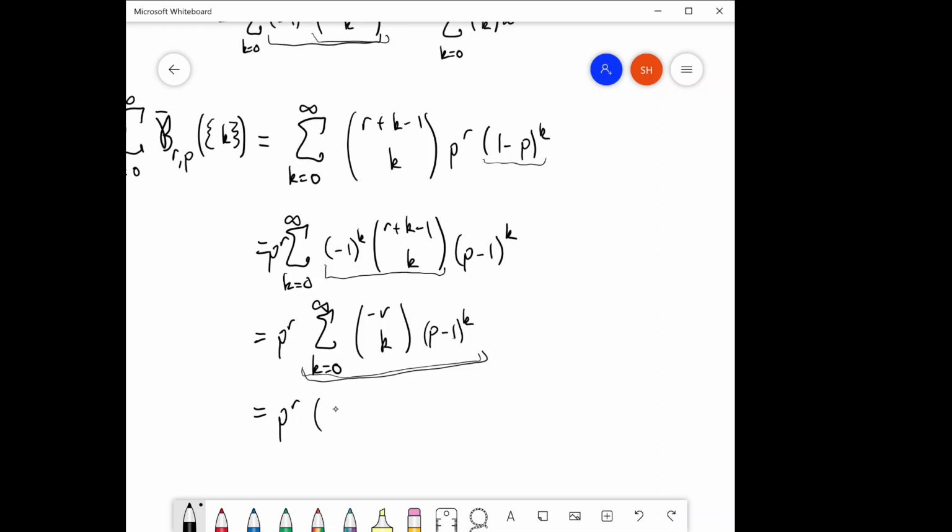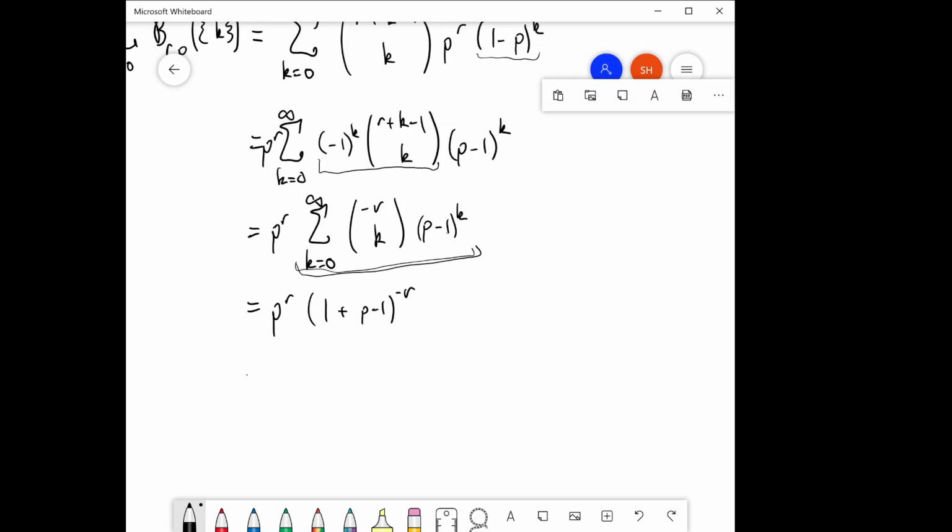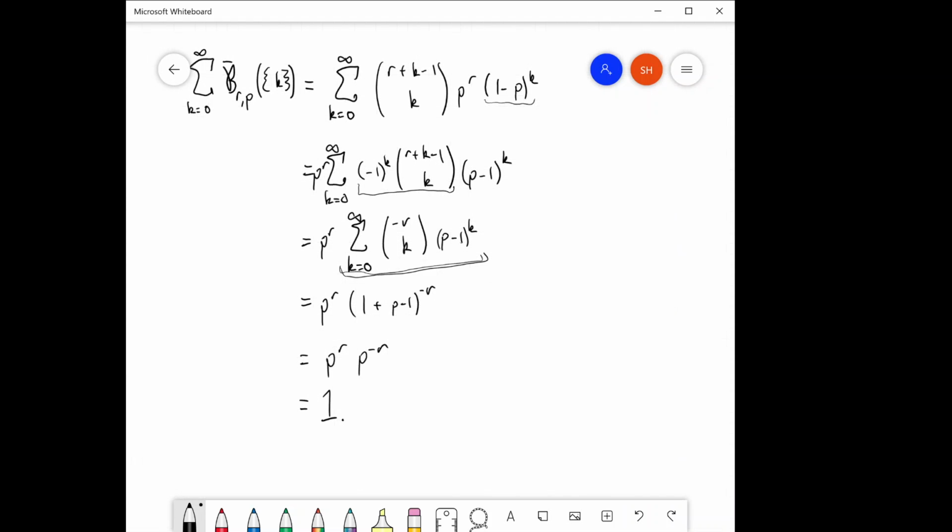So this is 1 plus p minus 1 to the negative r, which is p to the r, p to the negative r, which is 1. Okay, so we're done. So yes, this thing does actually define a probability distribution on the non-negative integers with the power set as sigma algebra.